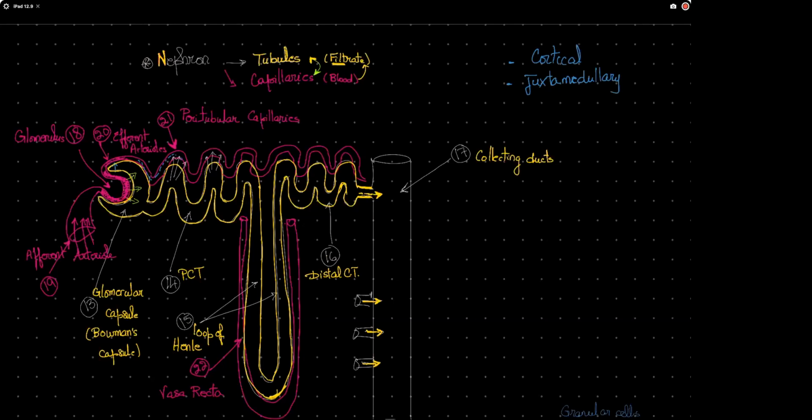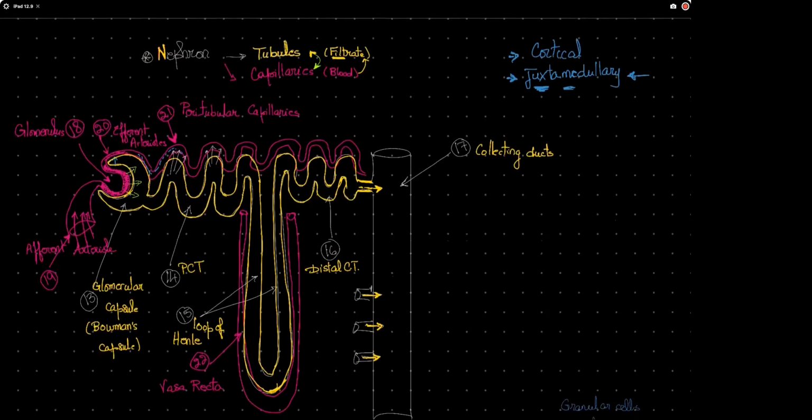So we've got two types of nephrons, juxtamedullary nephrons and the cortical nephrons. And the ones with long loops of Henle and vasa recta, those were the juxtamedullary nephrons. Do you remember something like this? Yes? All right, great.